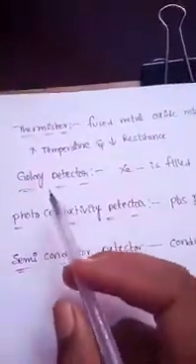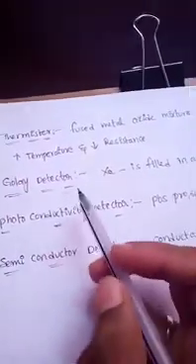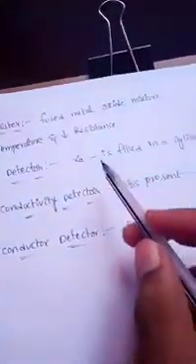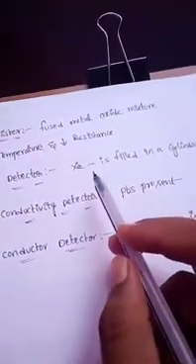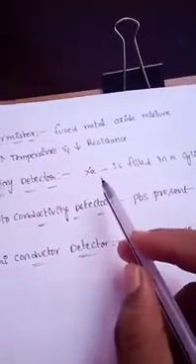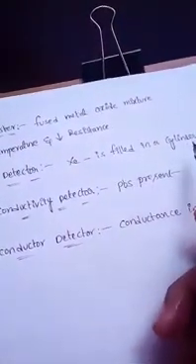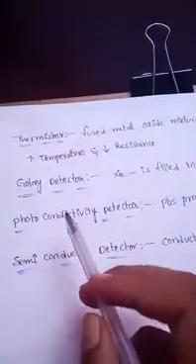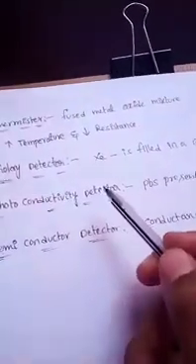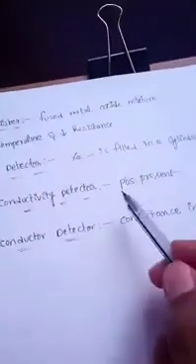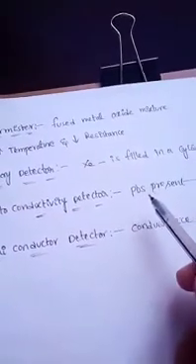Next, the Golay detector. A Golay detector is xenon filled in a cylinder. Xenon is an inert gas, and it is filled in a cylinder which acts as the Golay detector material. Next is the photoconductivity detector, which contains lead sulfide.